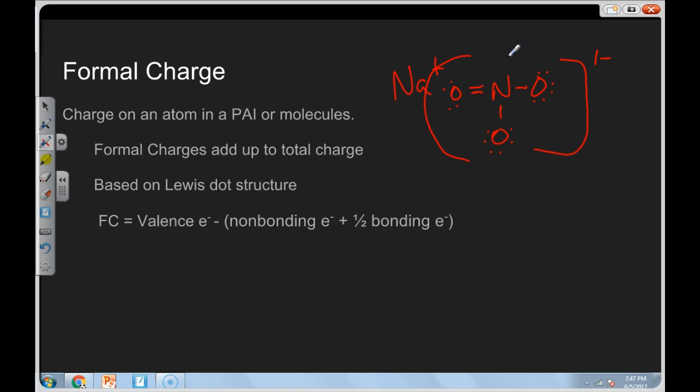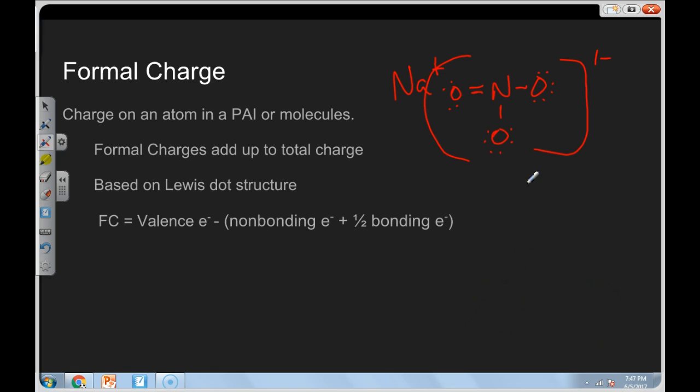So basically what we're saying is that this guy has a formal charge, there's that word, that isn't a dedicated charge like this, but is different from the number of valence electrons.